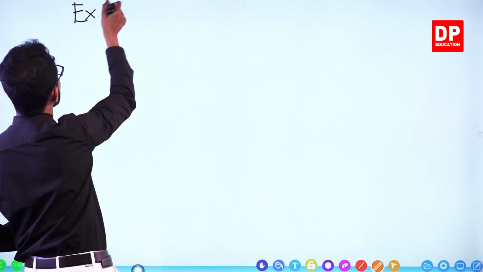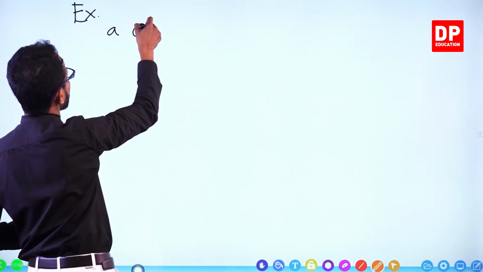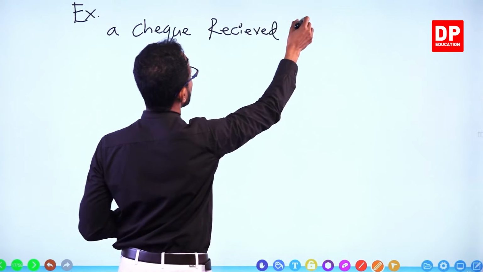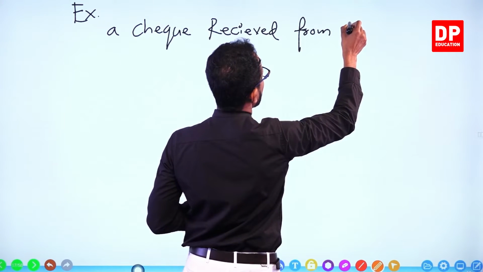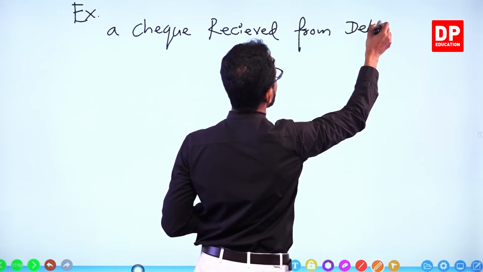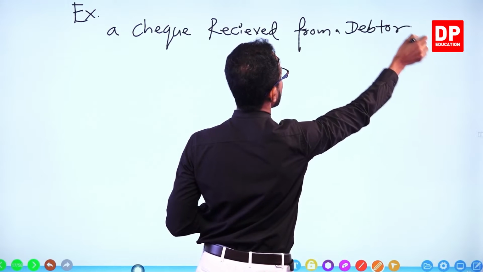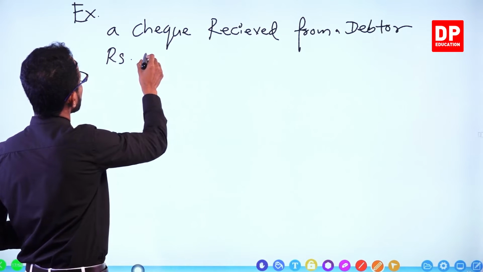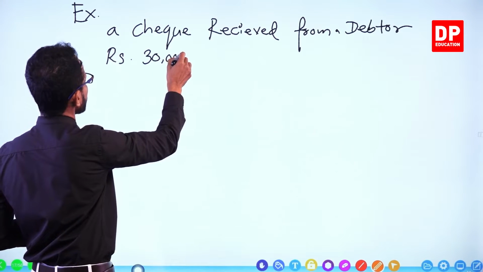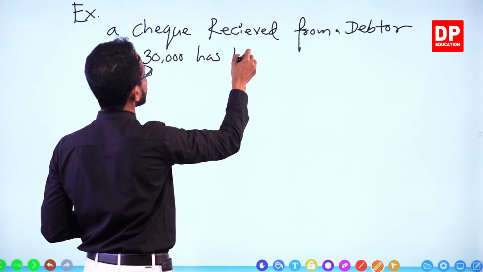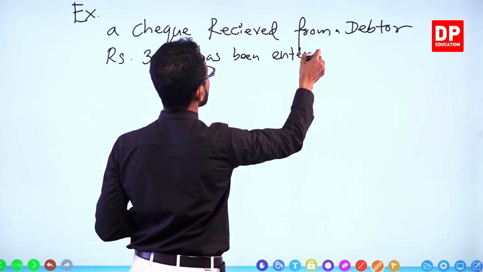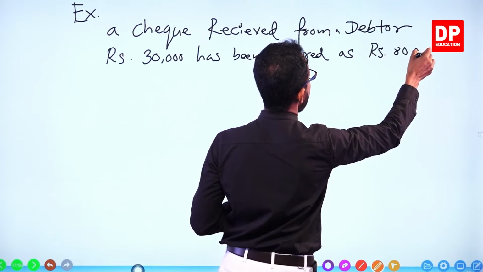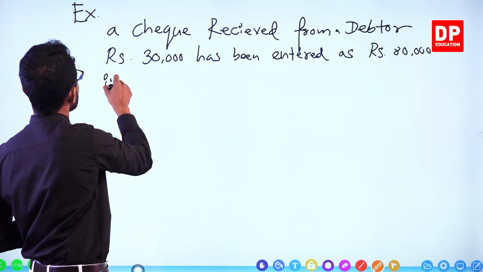Example. A check received from a debtor, rupees 30,000, has been entered as 80,000 in the books.